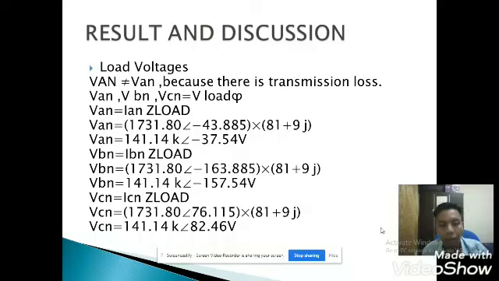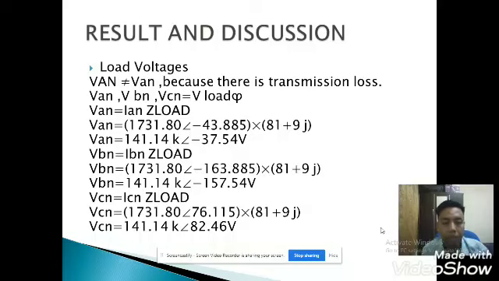For VBN is equal to IBN times with Z load. VBN is equal to 1731.80 degree of negative 163.885 multiplied with 81 plus 9 J. So the VBN is equal to 141.14 kilo degree of negative 157.54 volt.